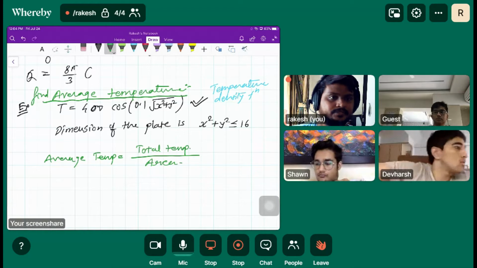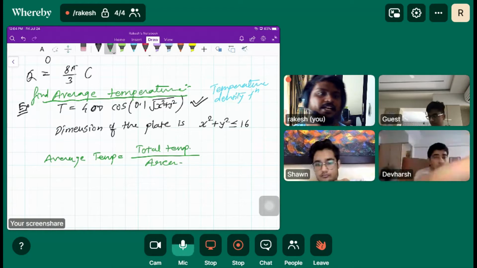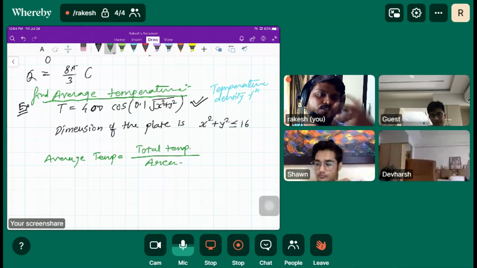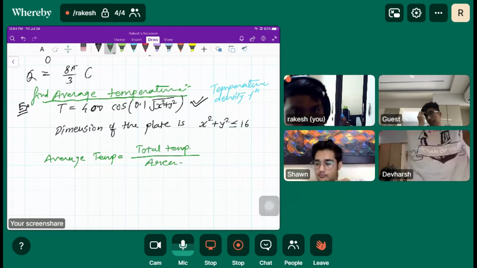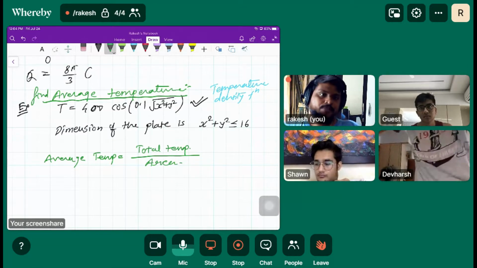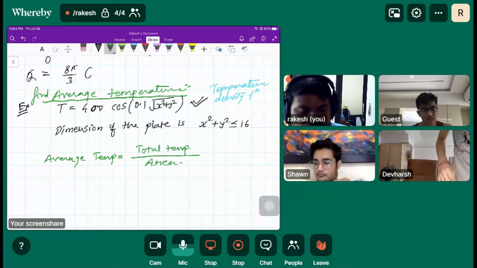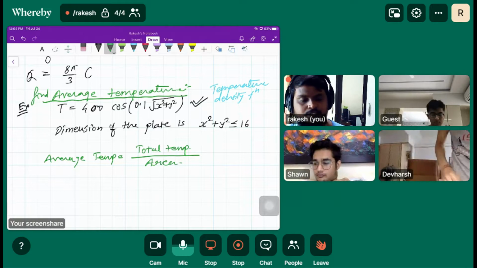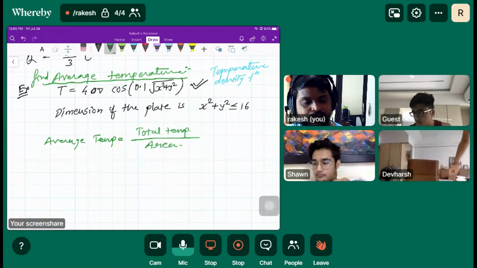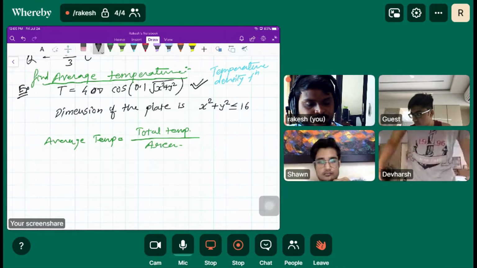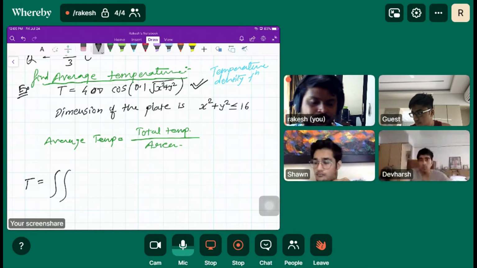By putting the function as 1, height 1, you can find the area of that region on the xy plane. So just let me know the double integration arrangement that will give you the total temperature here.